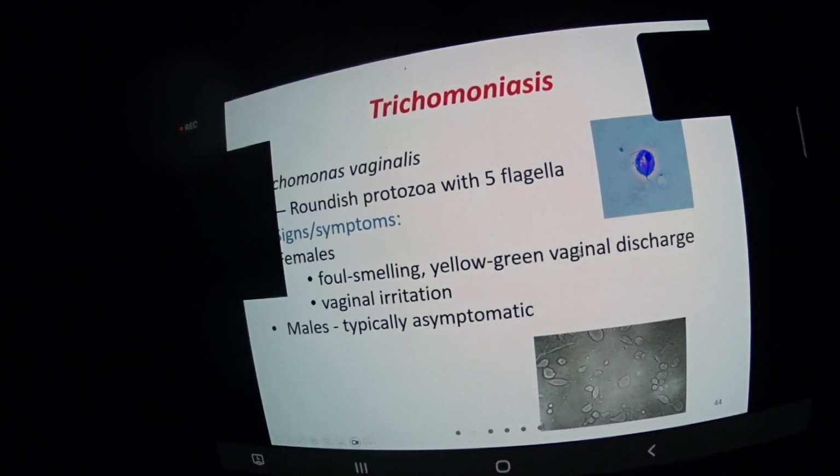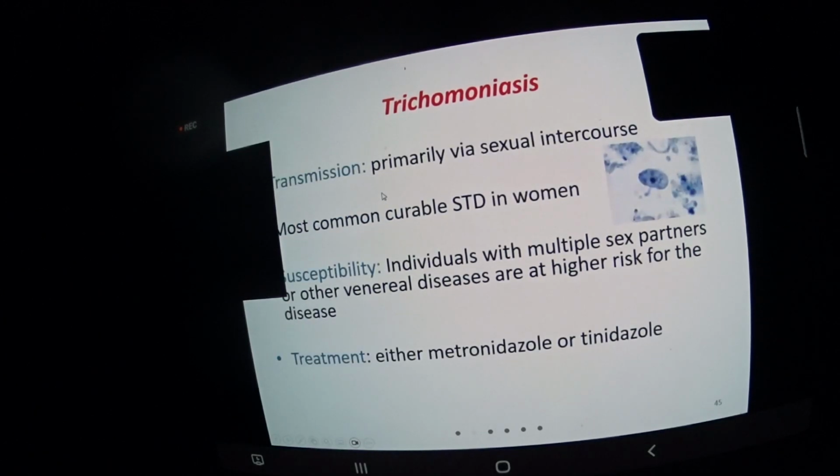It's a protozoan with flagella, the 5 flagella. So these are some of the other images that you see. So females reported, and that's why they called it vaginalis. They thought it was first for females only, but then they realized men get it too. So primarily via sexual intercourse, you get it.